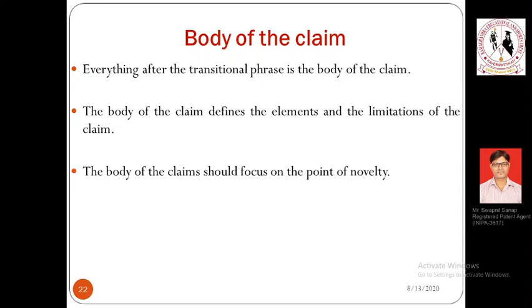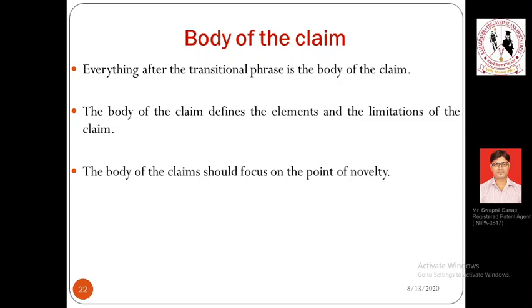The body of the claim is nothing but anything written after the transitional phrase or connecting phrase. Everything after the transitional phrase, whichever features you plan to include, is referred to as a whole as the body of the claim. The body of the claim defines each and every element and the limitations associated with such elements.